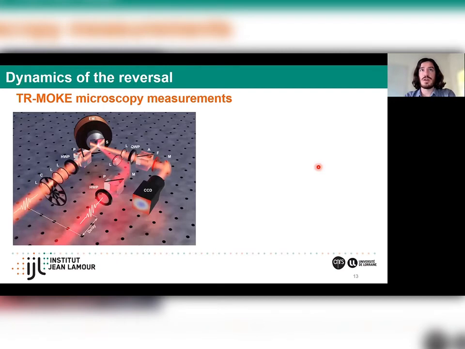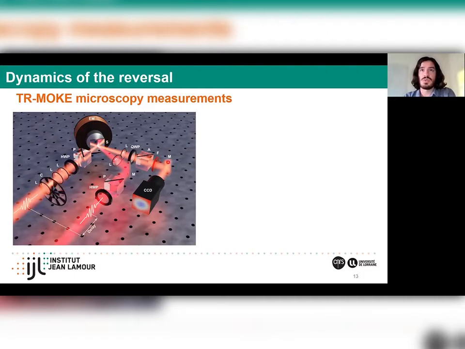So finally, I will present some time resolved measurements. We use this setup with the first path where we send the pump beam with a certain incidence angle. And we have a second path here for the probe beam where we destroy the coherence of the light with a chopper and some tape.